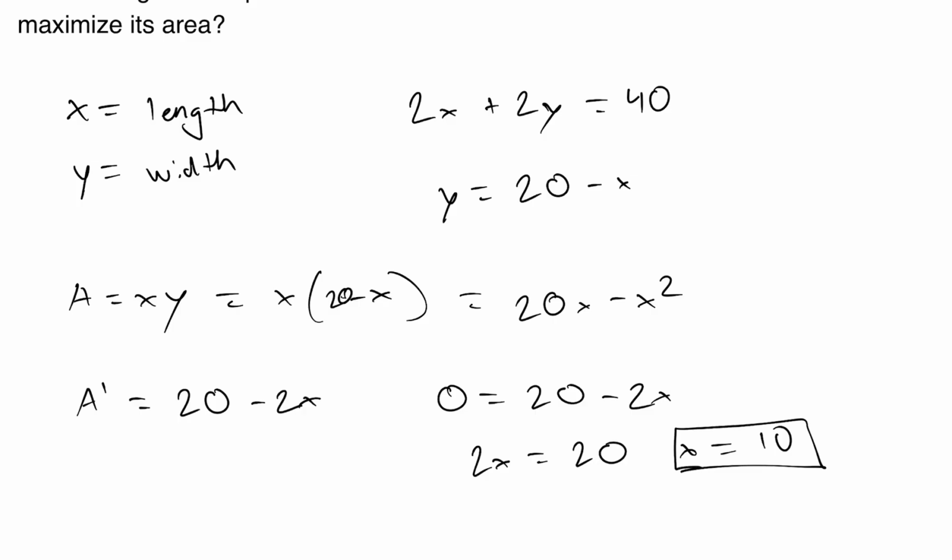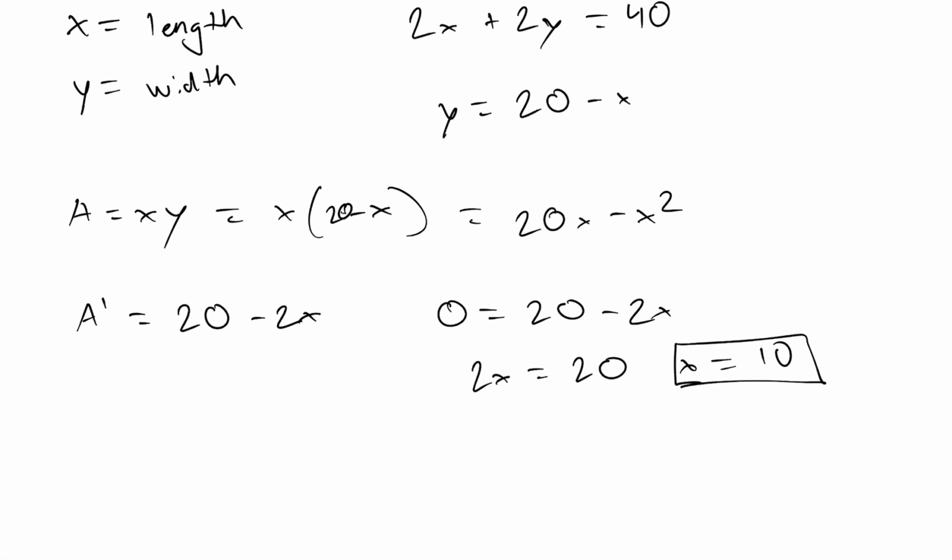And so since x is equal to 10, our y is also going to be equal to 10 because it's simply 2x plus 2y. Had we done the complete opposite, solving for y, we would have gotten y is equal to 10 as well. So our max area, when the rectangle is a square, is going to be 10 meters by 10 meters.